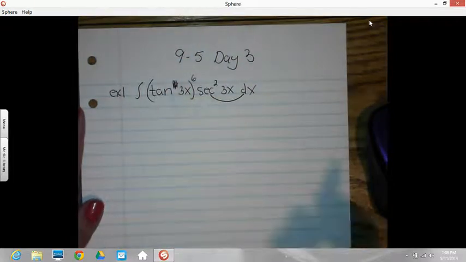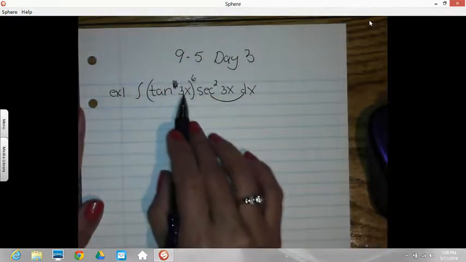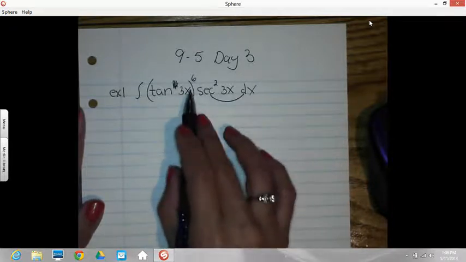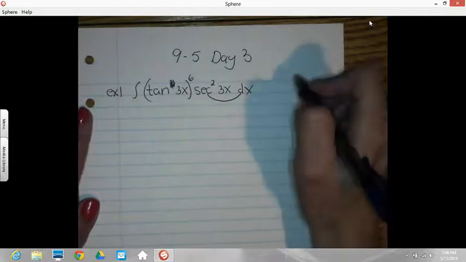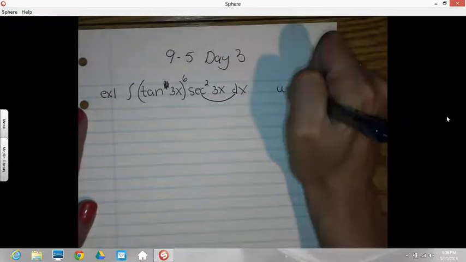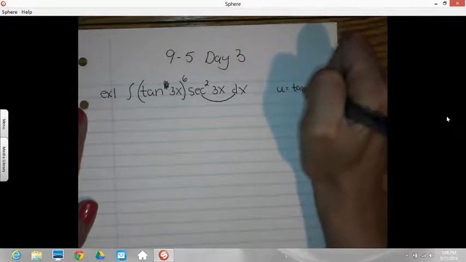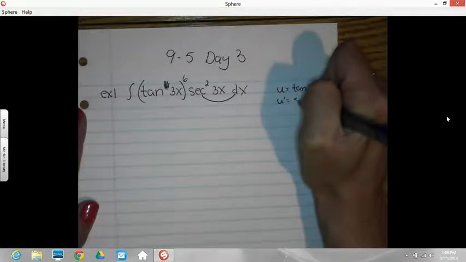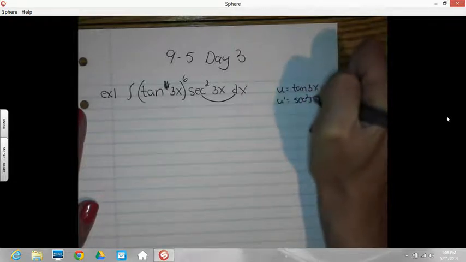The inside is tan 3x, and I know the derivative of tangent to be secant squared 3x, also times the 3. The derivative is secant squared 3x times 3.